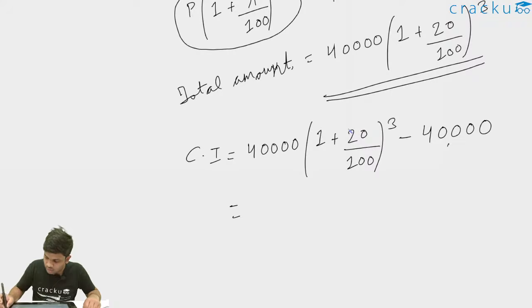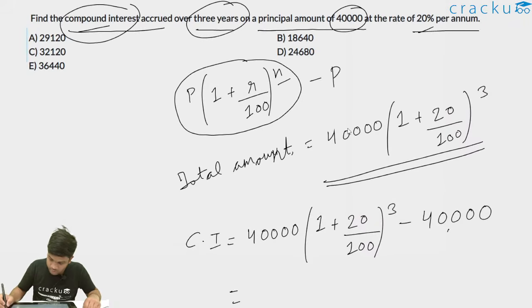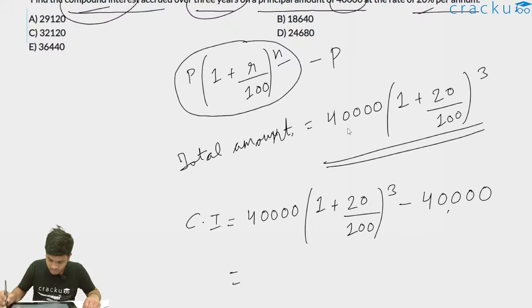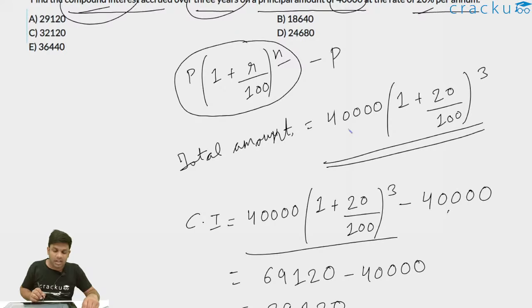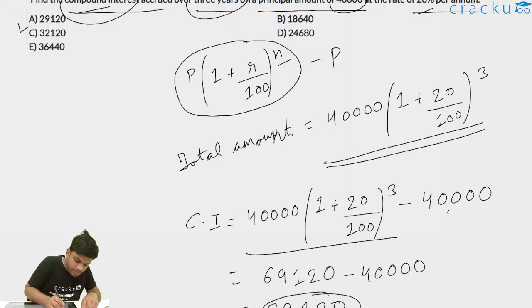So once you solve this, this part will be equal to 69120 minus 40,000. You can use the calculator for it. So 69120 minus 40,000 will give us 29120. So the compound interest that we get after 3 years is 29120, which is option number A.